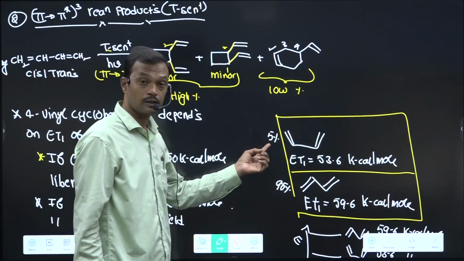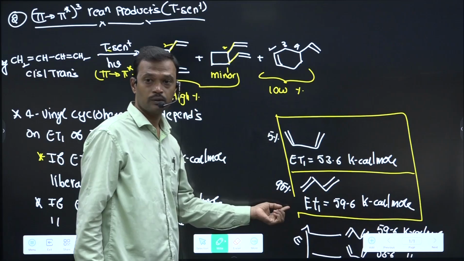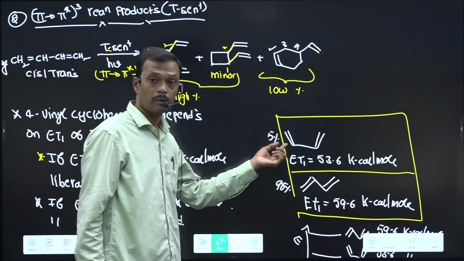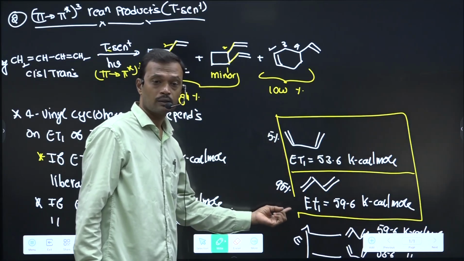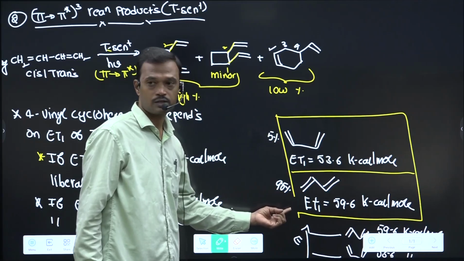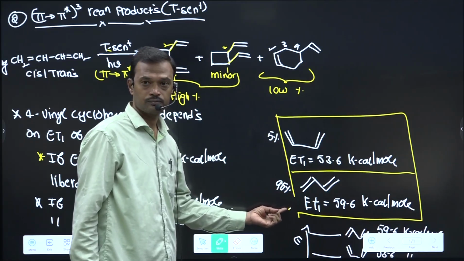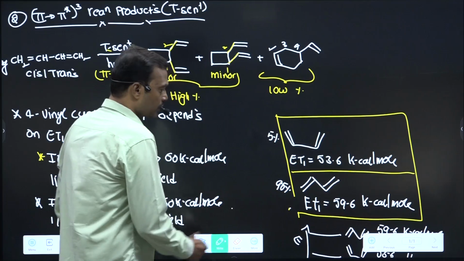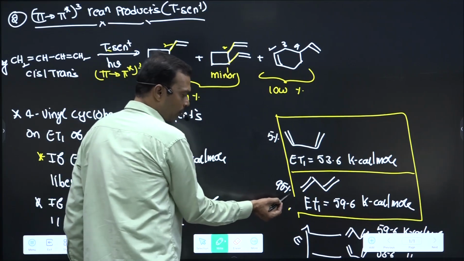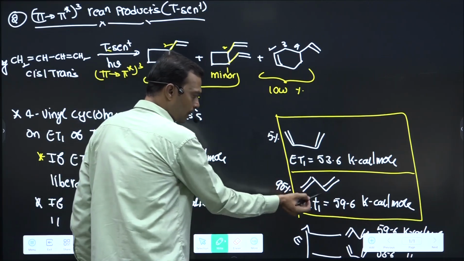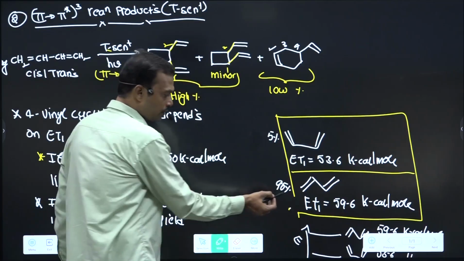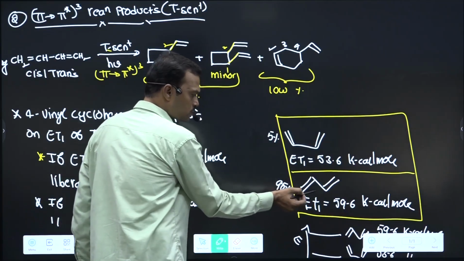When cis is activated, cis combines with trans only. Activated cis combines with ground state trans olefin or trans diene. Activated trans combines with ground state trans because this population is high.